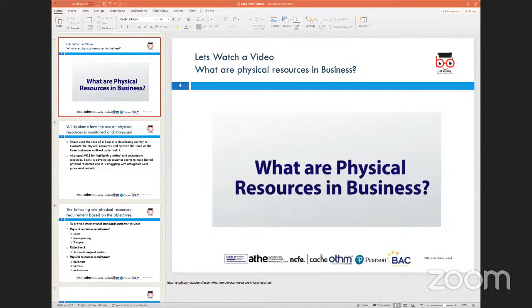In general, organizations are looking at effectively managing these resources because they're looking at reducing costs, improving efficiency, and helping the business achieve its objectives.